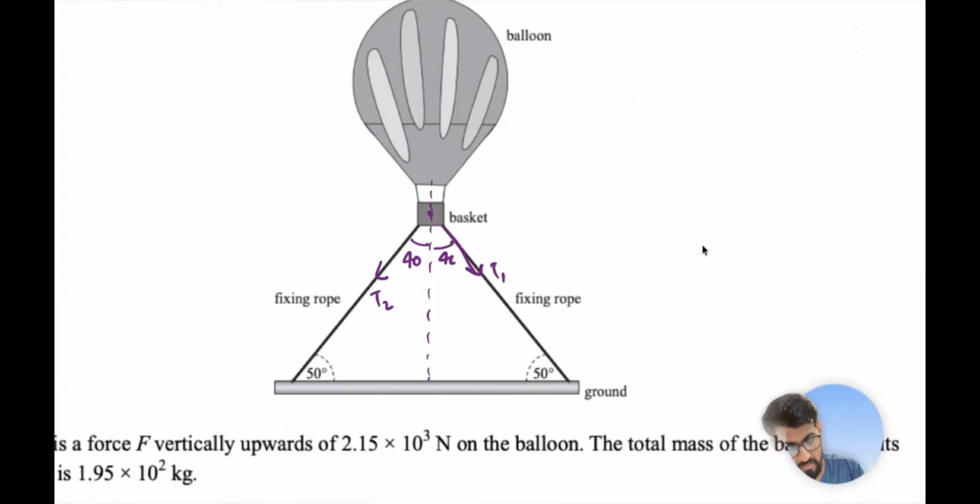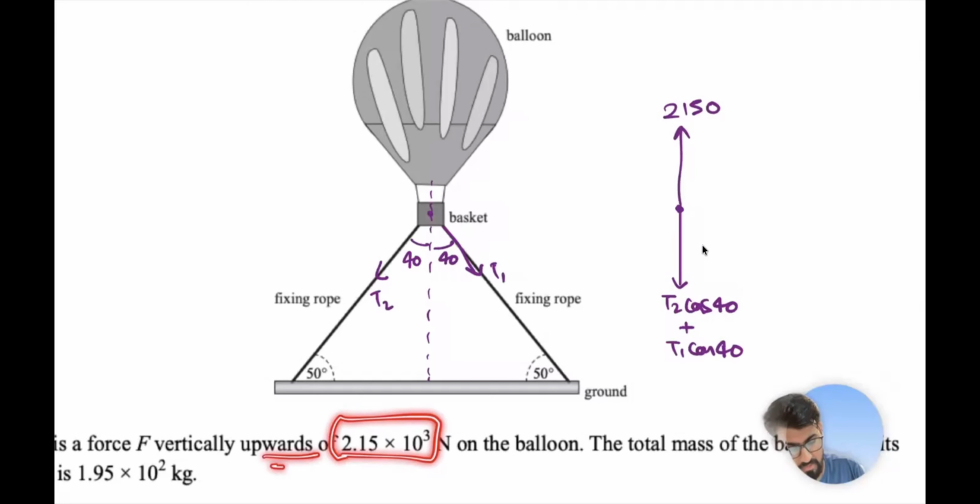This is also 40. If I want to draw the resolving, this will be T2 cos 40 plus T1 cos 40, and upward will be 2150 Newton, because it is 2.1 into 10 raised to power 3 upward. On the right hand side, it will be T1 sin 40. This is just the resolution of vectors we already discussed. If you have any doubt, check the description.